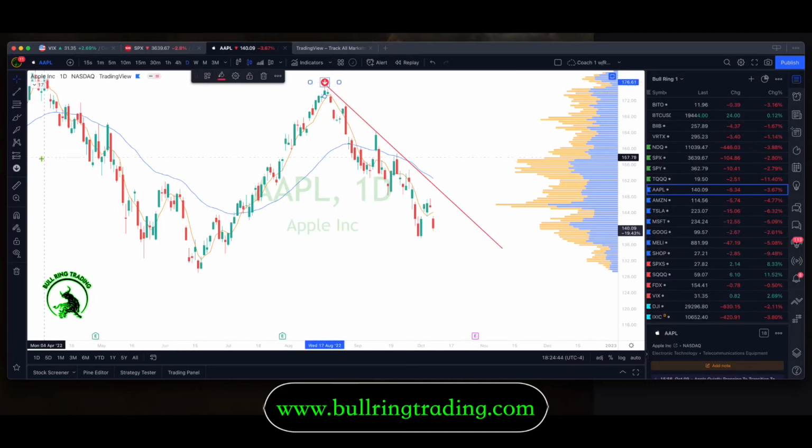Apple had resistance there. It resisted there and bounced down. Resisted there. And this is even before the support, it bounced off of there. You had another one here. So you start seeing you have lower highs. And at some point we rallied up and then you had the resistance there.